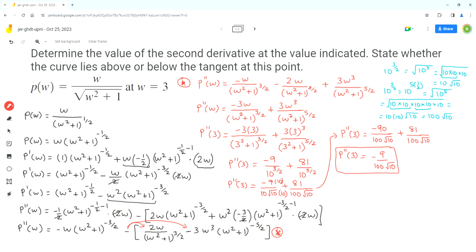So we have answered the first part. Now we have to state whether the curve lies above or below the tangent at this point. So we got a negative value for the second derivative. That means the curve concaves down at w equals 3.